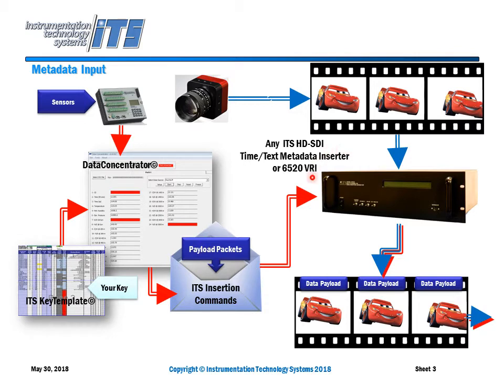With one of our time, text, and metadata inserters, or the 6520 video recording instrument, you can take in real-time live video from a video source, a camera, receive that video, and in the start of the video frame, on each video frame, it will take the last full packet of payload that it received from the data concentrator over Ethernet and insert that on line 9 right after the timestamp on every frame as it comes in.